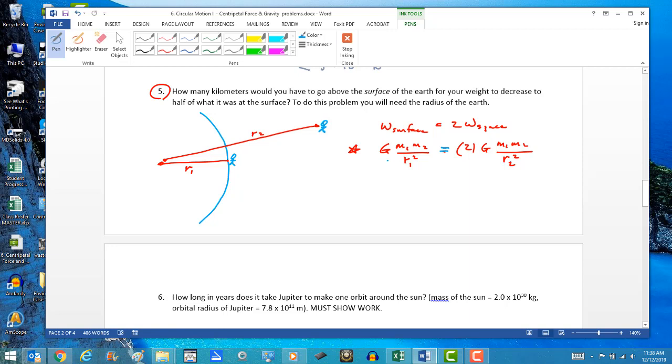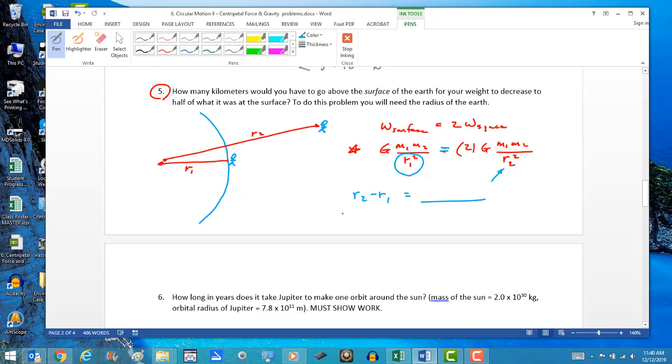I'm hesitant to write down any more because it just becomes a function of the two radii, and at that point you know the value of R1. You can look it up in the back of your book. It's just the radius of the Earth. And so the only unknown left is R2, and you can easily solve for R2. It's a simple thing to subtract the R1, and that's your distance above the surface of the Earth.